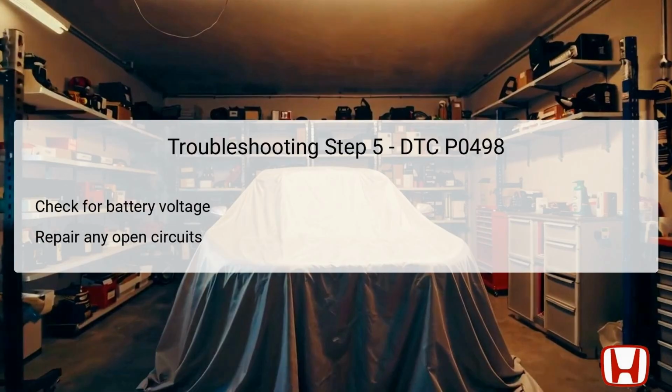In Step 5, after measuring the voltage, the technician must conclude whether there is battery voltage present at the connector. If battery voltage is confirmed to be present as expected, the technician progresses to the next step in the troubleshooting process.